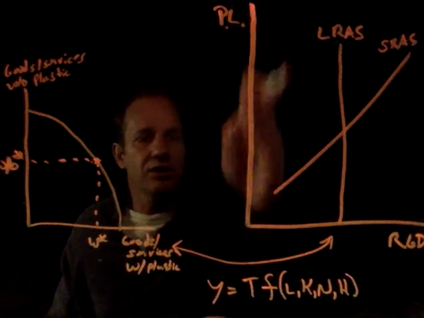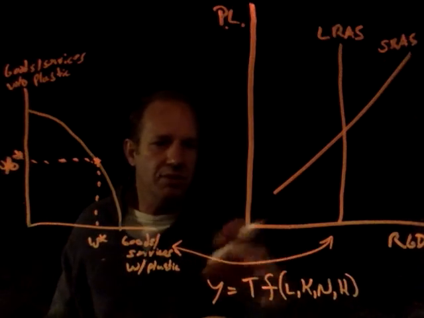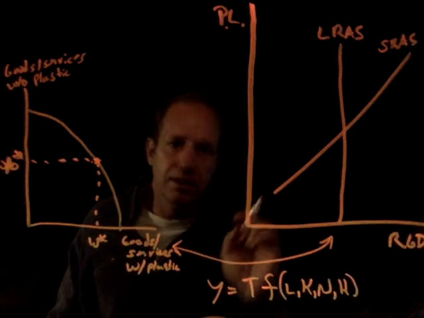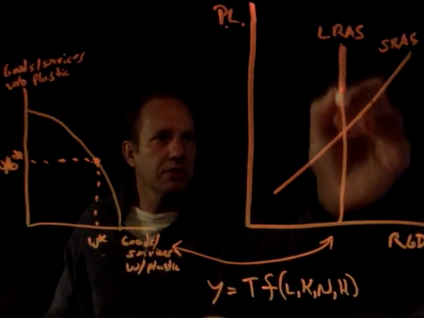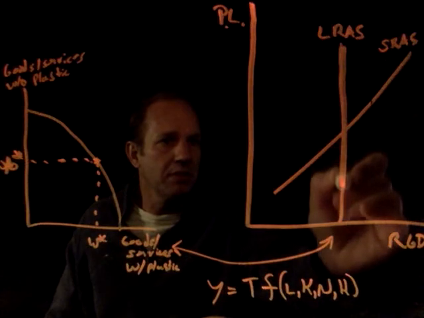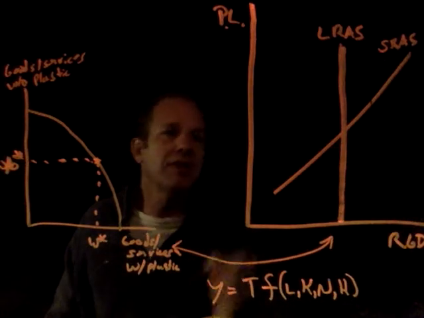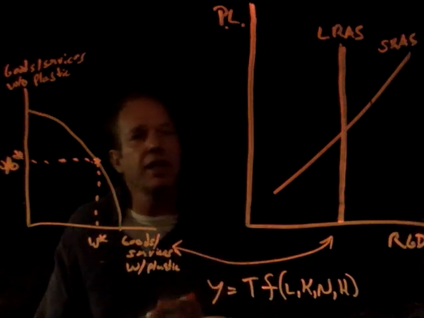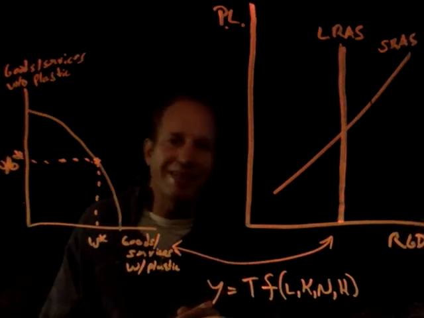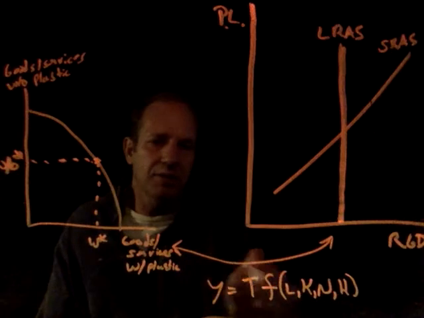And it has nothing to do with prices. It's about these resources. So that's what this long run aggregate supply curve, which mine's a little crooked, but it's supposed to be vertical, is about: what we can produce as an economy. But there's a short run aggregate supply curve where we might deviate from the productive capabilities of our economy in the short run.